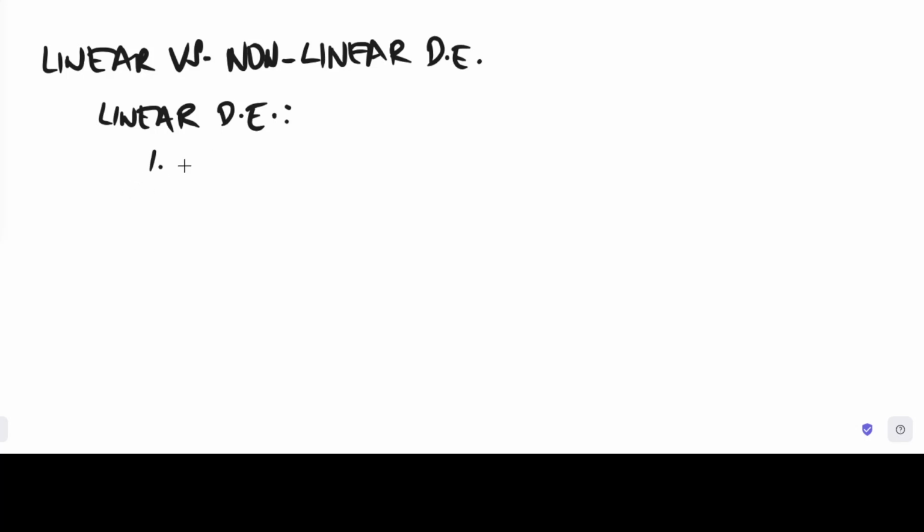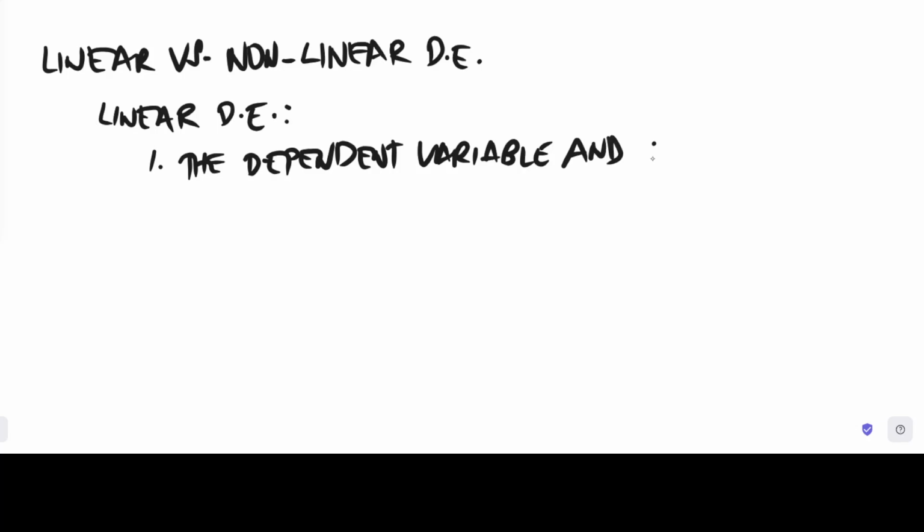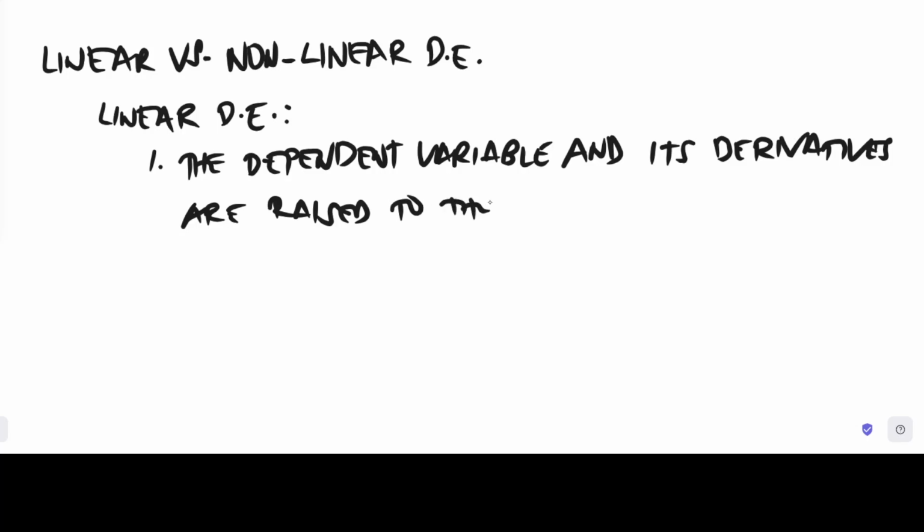First, the dependent variable and its derivatives should be raised to the power of 1 only.